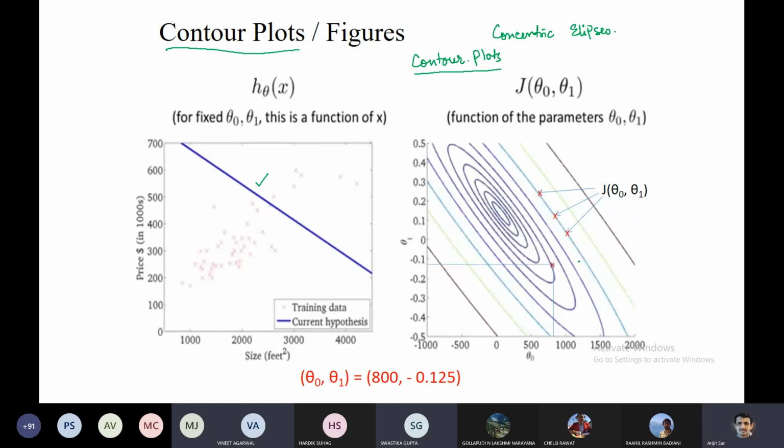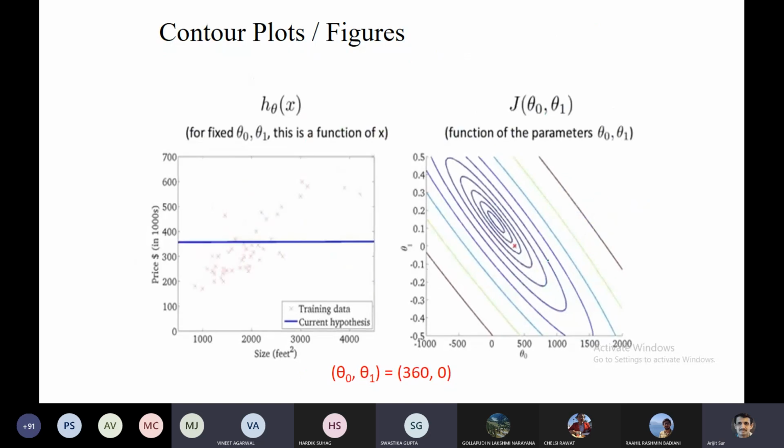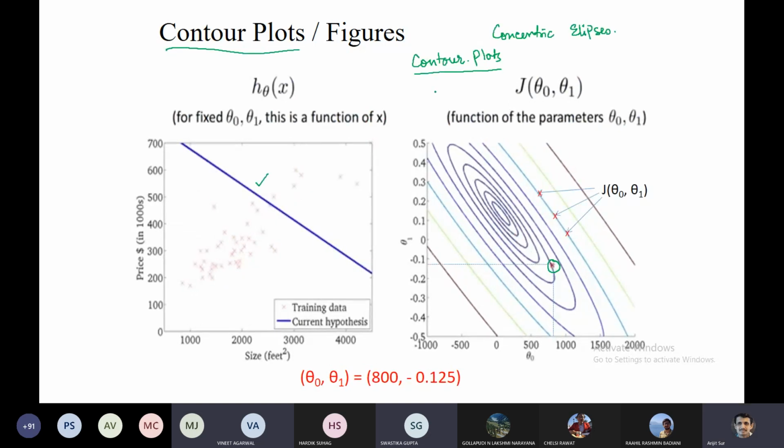Let's say you are here. Now I'm going to change it. You see, this line is not consistent with the points. These are the points, and this line is not consistent with them. We try to find the minimum of the error, so we are here. So the distance is relatively large.